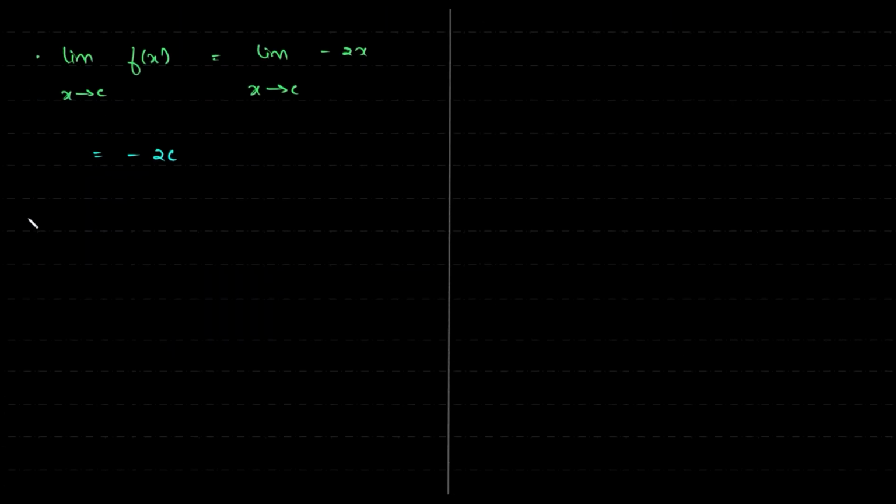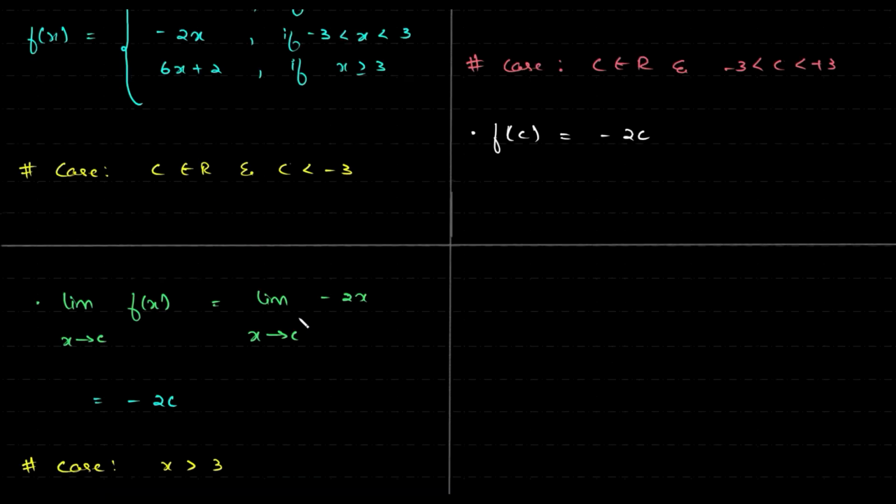And now we can talk about the next one, case for x greater than 3. Here too it's fixed. So this is 6x plus 2.